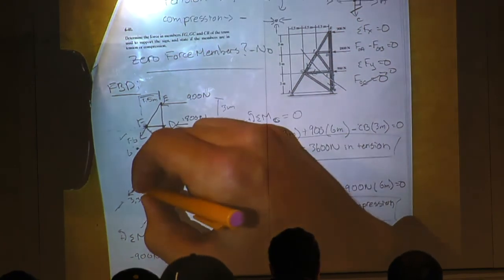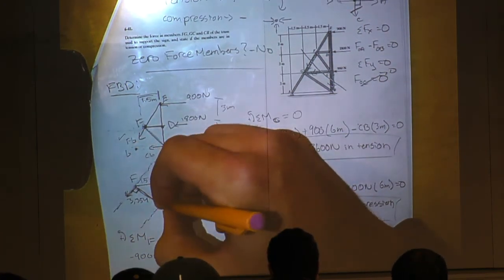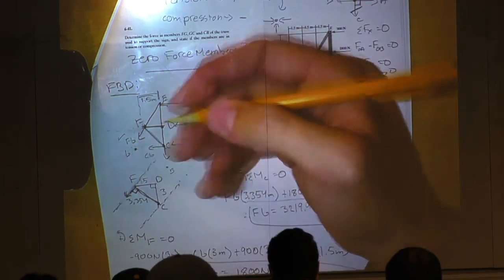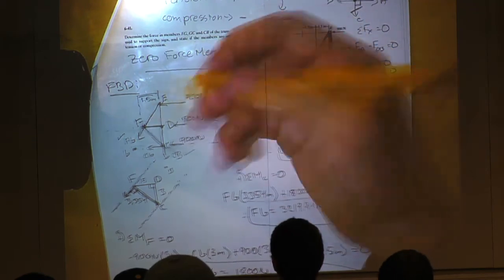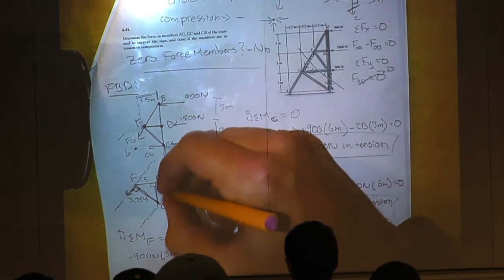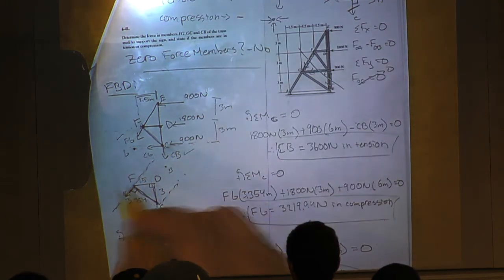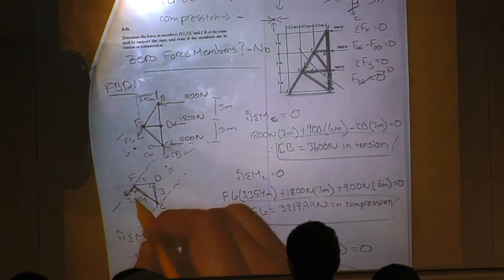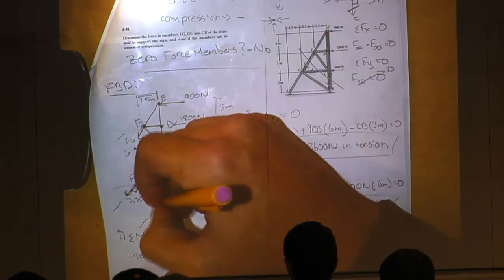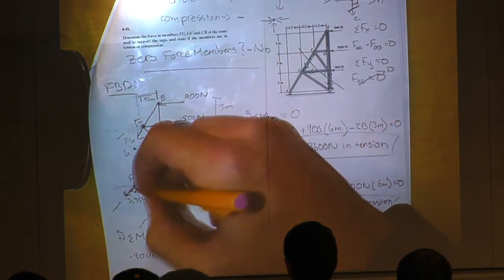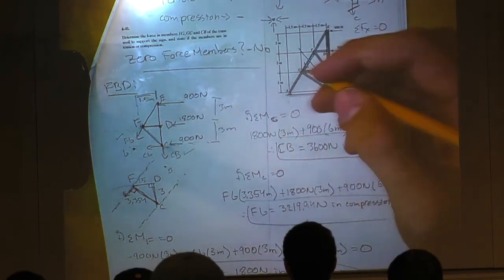If it's perpendicular to the force, then I'm not going to need to multiply it by anything else, or add some y or x component. If I wanted to, I could have found this distance here, but that would have involved finding this component of the force as well as this component of the force. I would have to find the x and y components. But instead, I just found the perpendicular component and multiplied that. Does that help? Do I need to go over that again? Okay.